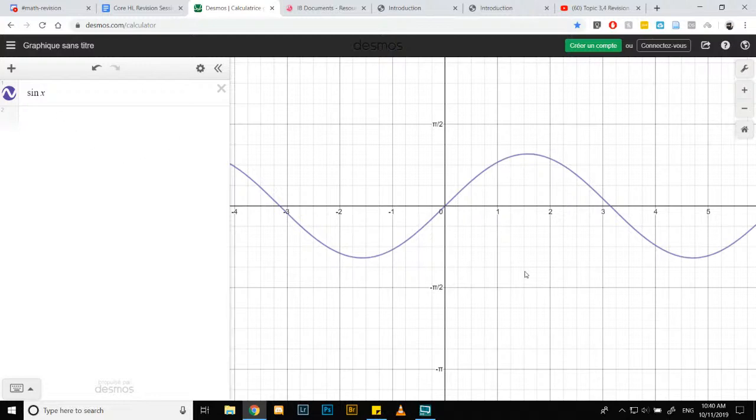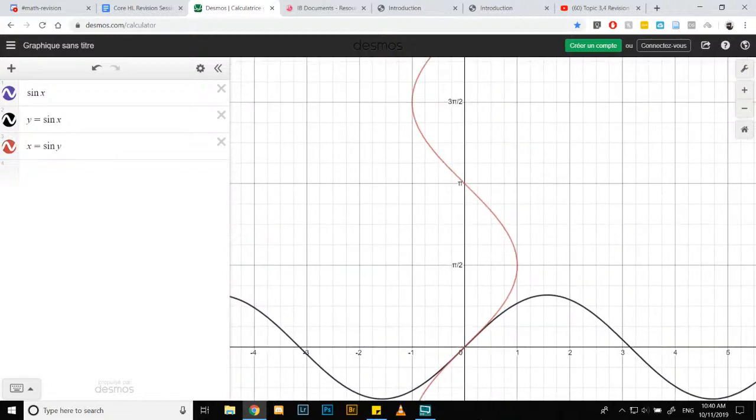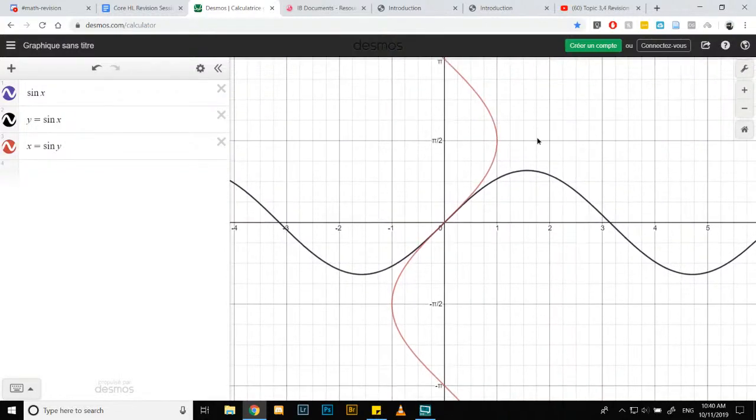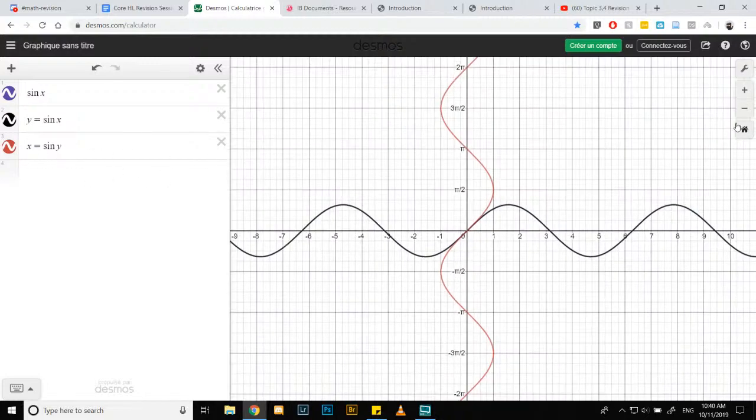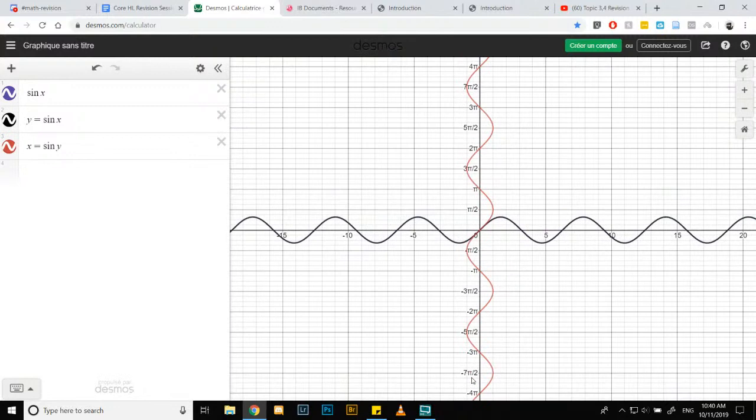So you would have to find some way to take the inverse of this. If you remember how to take an inverse of a function, what you have to do is set, so we have y equals sine x, we would need to set that as x equals sine y. Which is usually fine, except that x equals sine y isn't a function, because if you notice right over here, it doesn't pass the vertical line test.